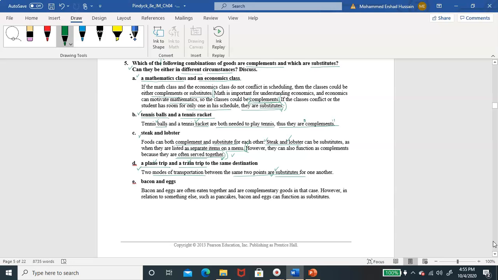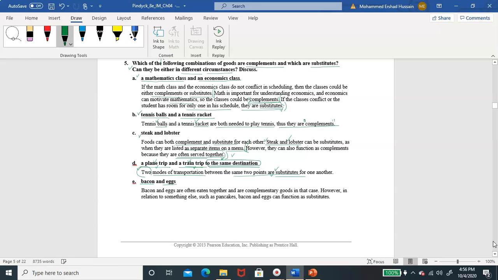It's not that part of it you go by plane and another part you have to go by train. If that is the case, if the plane trip goes to one destination and the remainder of the way is another destination by train trip, then it might be complement. But here, because they are going to the same destination, they are competing. So either plane trip or train trip, so they are substitutes.